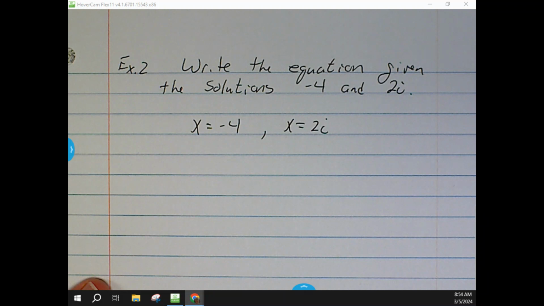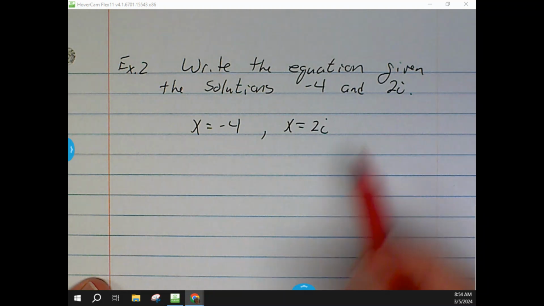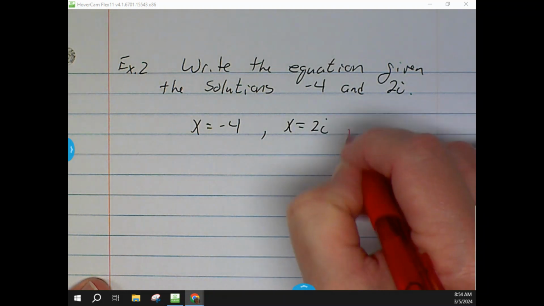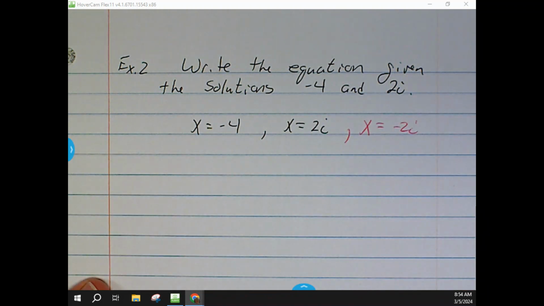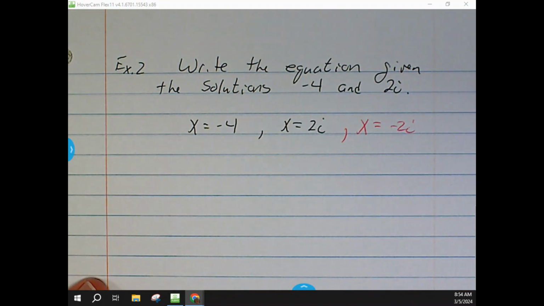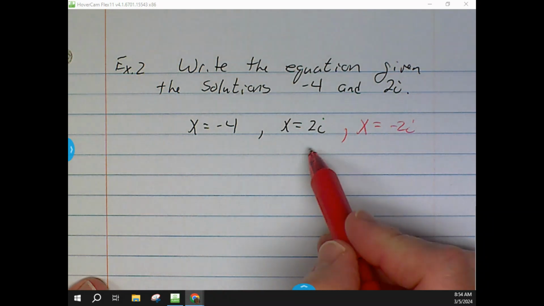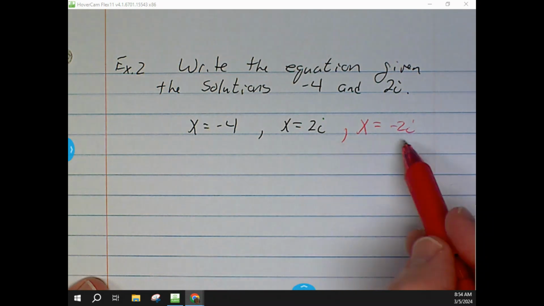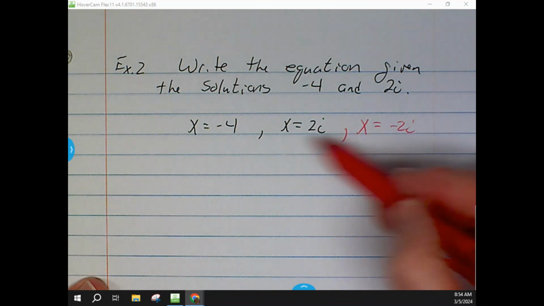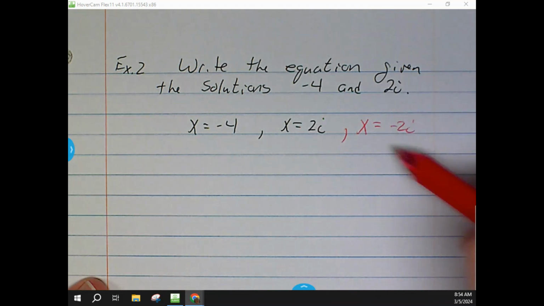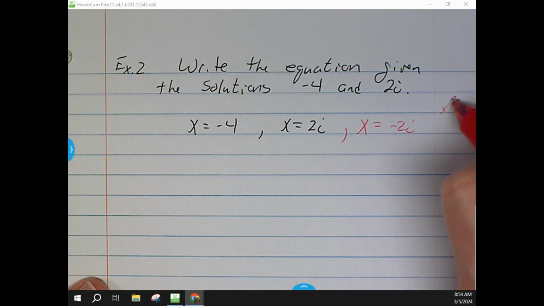The one thing extra that you've got to get from this one is if they give you this answer that's 2i, you also have to just know that if 2i is an answer, then we also have negative 2i. All right, so we've got x equals negative 4, x equals 2i, x equals negative 2i. We've got three actual solutions, even though we were only given two, because of the imaginary one. So for this one, we know the answer should end up with x to the third because we've got three solutions.